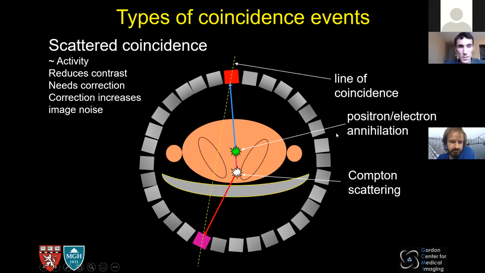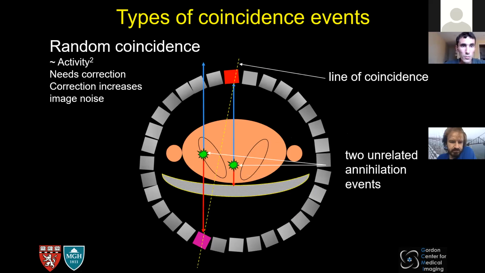So these are the scattered coincidences. Now, random coincidences. Here you have two annihilations, completely unrelated, that happen at the same time. And then for some reason, you have two detectors that are activated at the same time. So for instance, here you have one photon that is absorbed by the table, and the other one that is detected by this crystal.